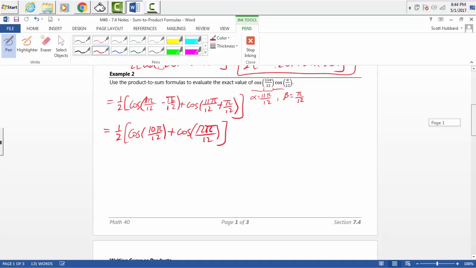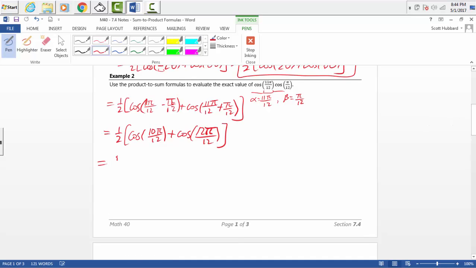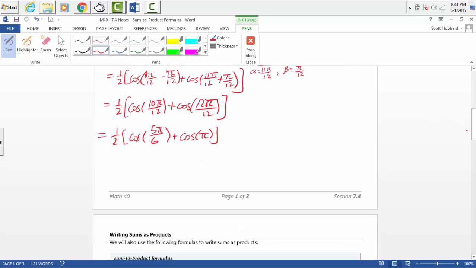I'm just doing it piece by piece; you don't have to go this slow when you do it. You can jump right ahead to here: 10 over 12 is 5 pi over 6, and 12 over 12 is 1, so this becomes cosine of pi. Then we can evaluate these, because now these are standard angles.